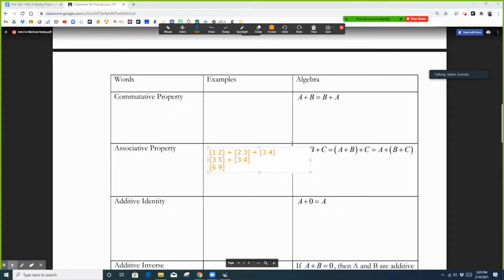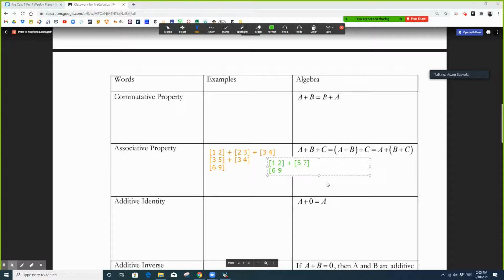Whereas if I did it a different way, if I added the second two matrices first, so if I kept that 1 and 2 there, and then added the second two matrices, 2, 3 and 3, 4, those added together would be 5 and 7, and then adding those up, I would get 6 and 9.